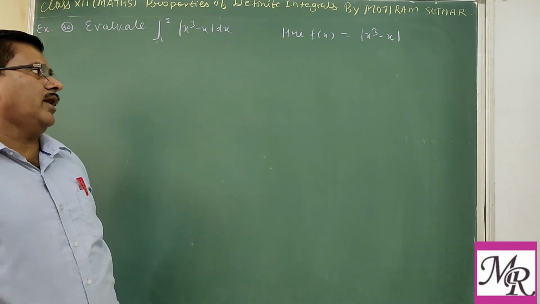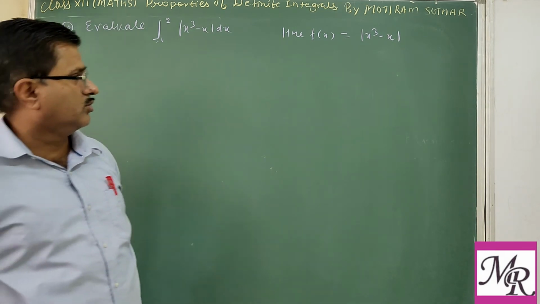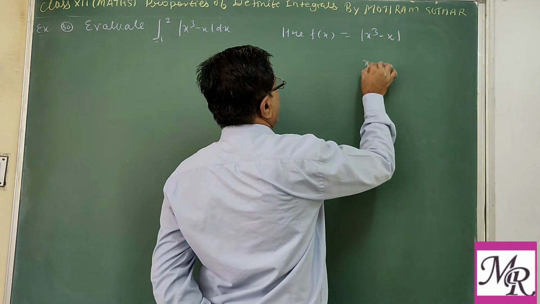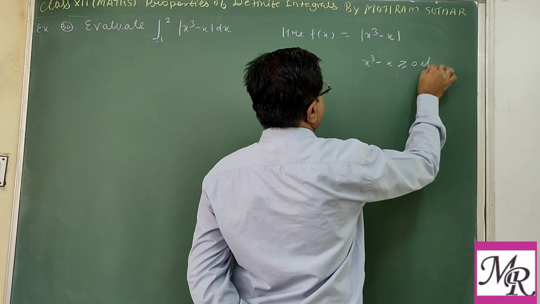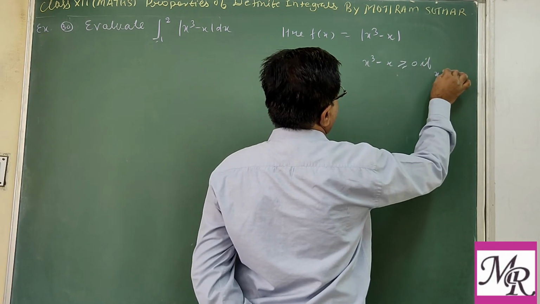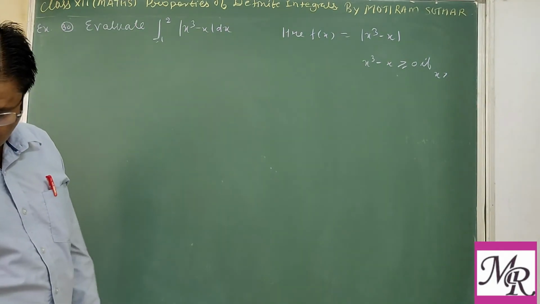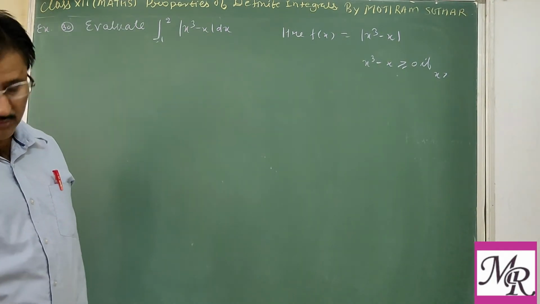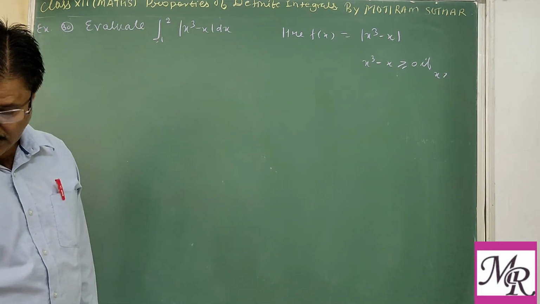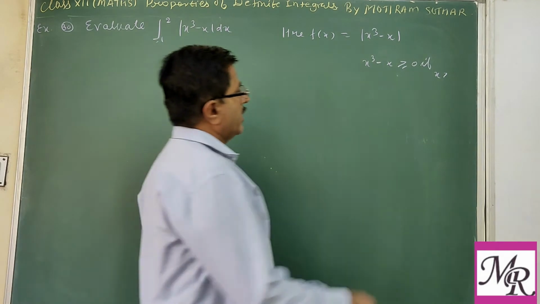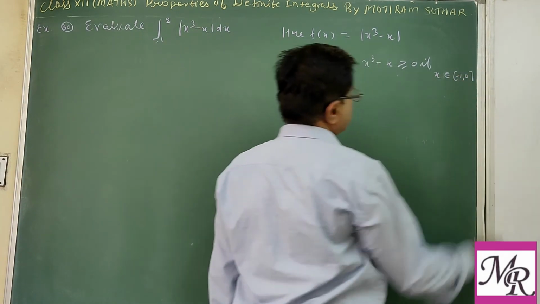So x power 3 minus x is greater than or equal to 0 if x is in between the points minus 1 to 0. Clear? So directly we can write x belongs to minus 1 to 0.